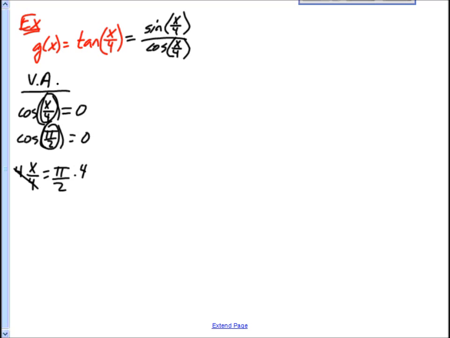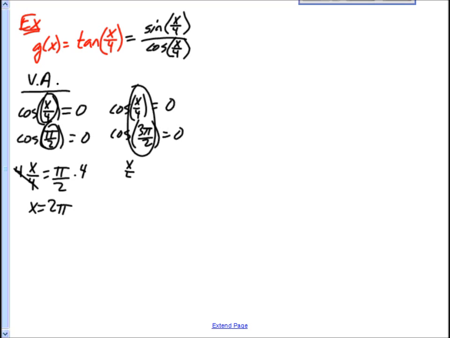Well, that is going to occur at 2 pi, right? Where would the next one occur? I do know that the cosine of 3 pi halves is going to be 0, right? So when does x over 4 equal 3 pi halves? I solve that and get 6 pi, okay?